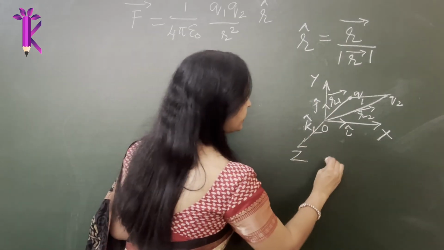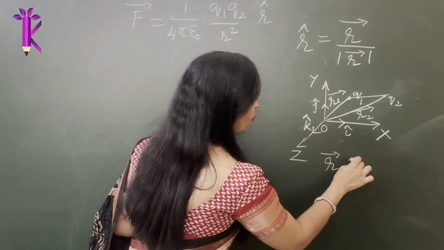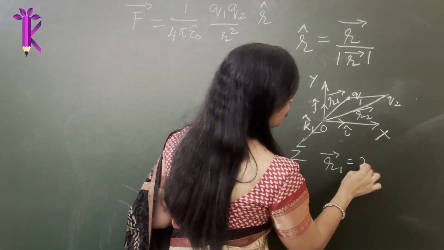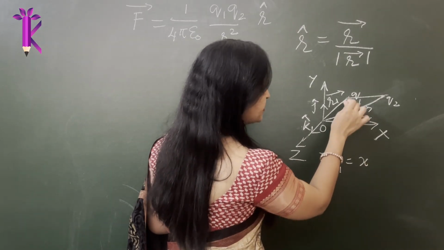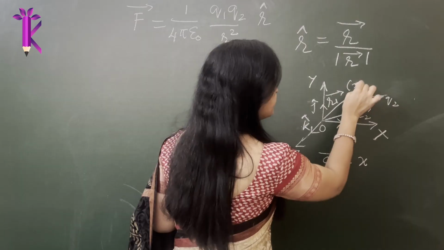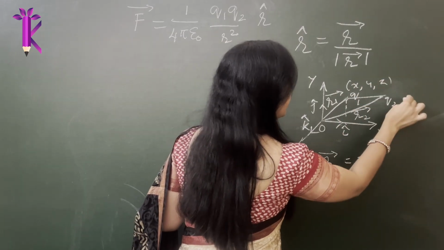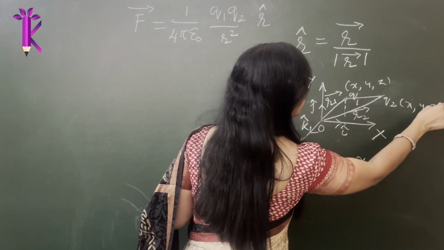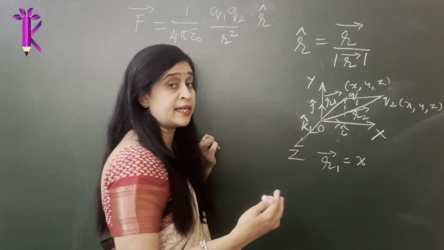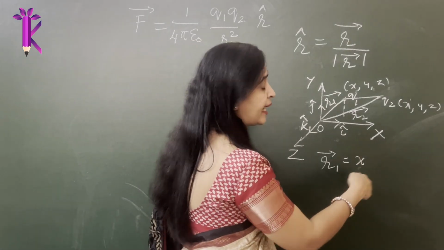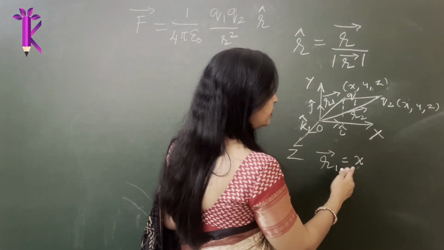So what will be vector r1? Vector r1 will have some value of x along the x-axis. So this will have some values of x, y and z. This will also have some values of x, y and z. These are only the magnitude part. But if you have to tell the direction, you have to write a unit vector in that direction.